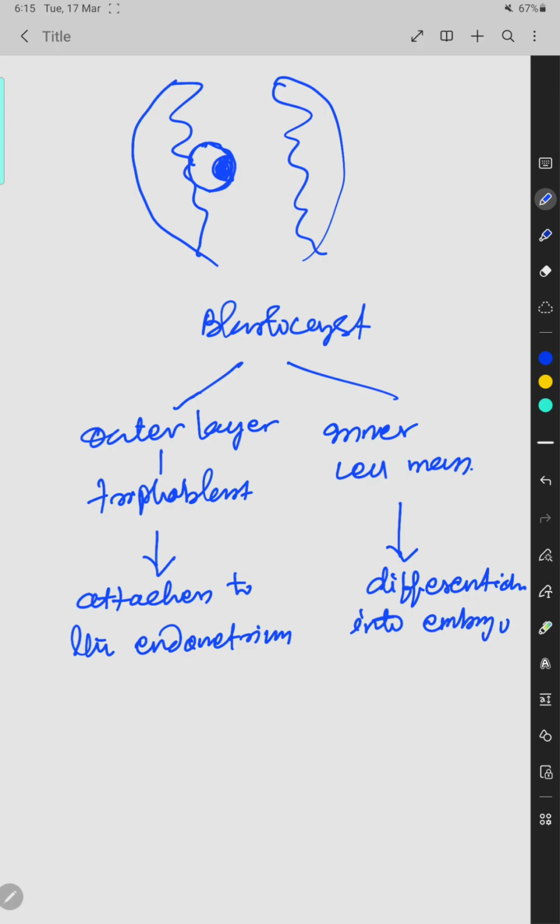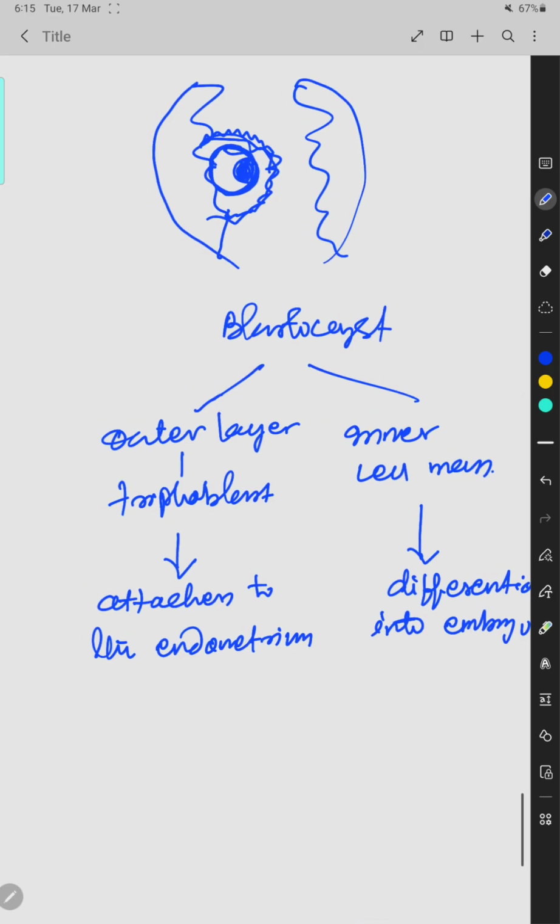Okay. Now when this trophoblast attaches to this endometrium, the endometrium then divides continuously and covers the blastocyst. Okay, here you can see it is covering the blastocyst.